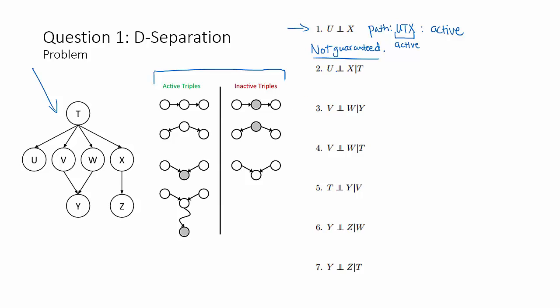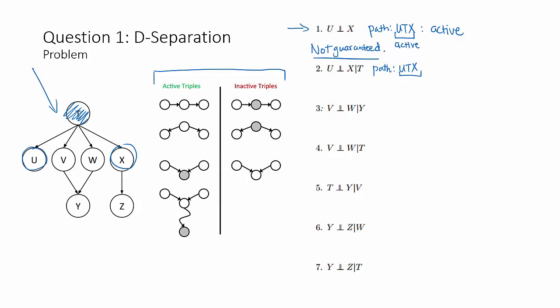Next, we have the query, are u and x independent given t? We first shade the evidence variable, which is t, and we look at all undirected acyclic paths from u to x. Again, there's only one path, it's the same path as in part 1, and so the path is u-t-x. In this path, there's only one triple, and so we have to find what kind of triple it is.